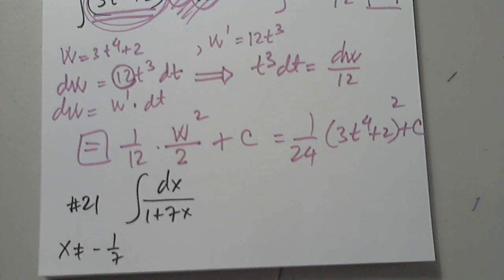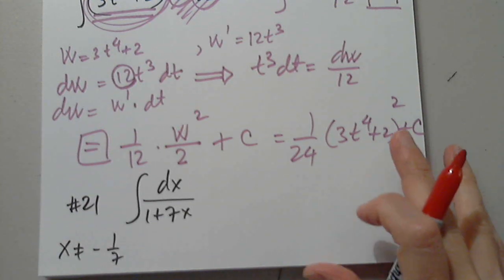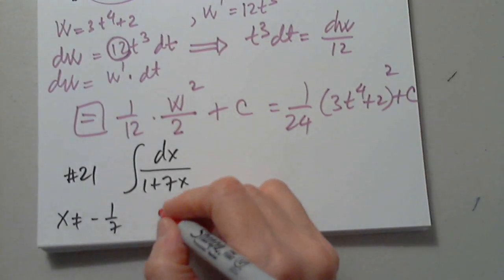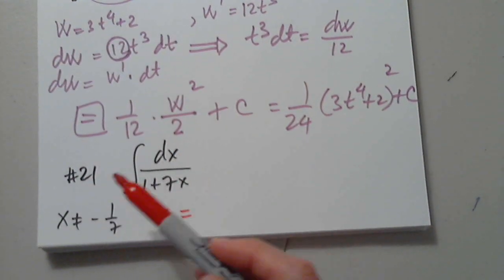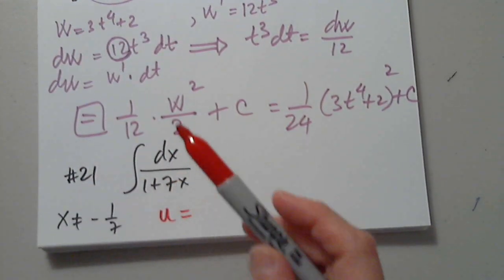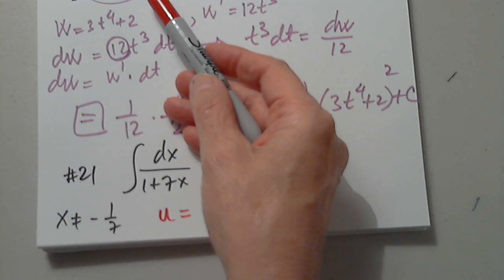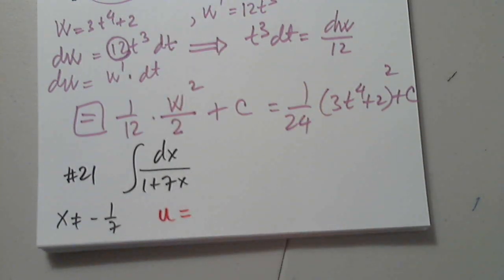Okay, so let's use a substitution. What will you substitute? Any letter you like. Let's use u this time. Any letter except x, because we have x here. So let's say u. What do you think we should substitute, and why?